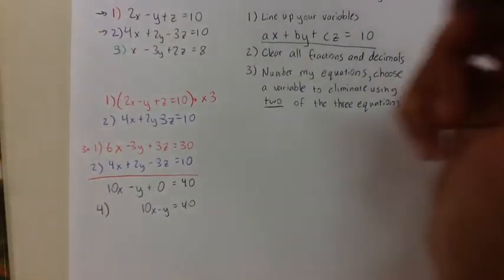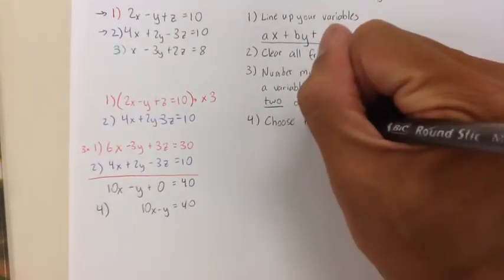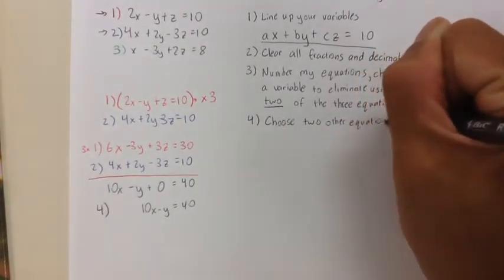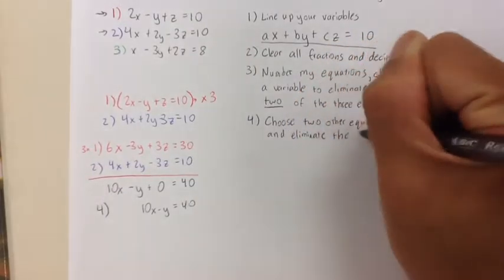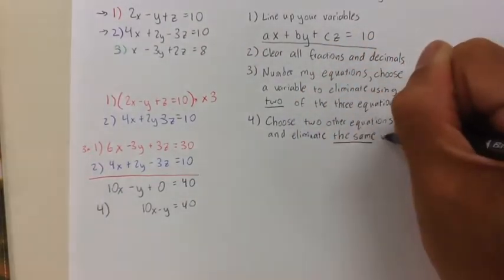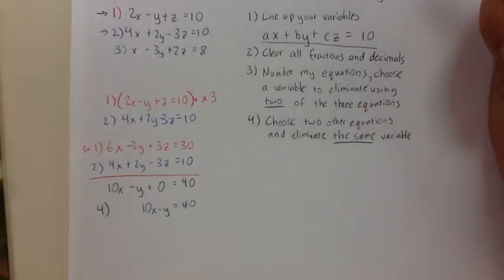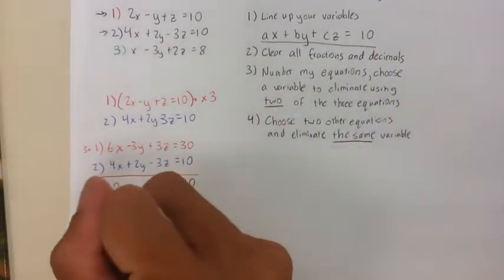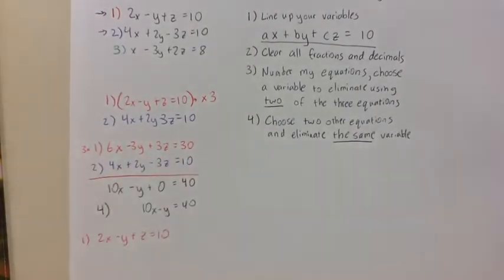Now, next step that I want to do is choose a different two equations and eliminate the same variable. So I've already used 1 and 2. Let's use 1 and 3 then. So if I use 2x minus y plus z equals 10, that was my equation number 1.